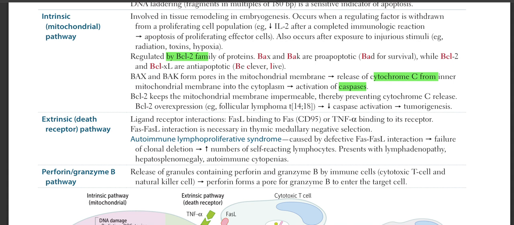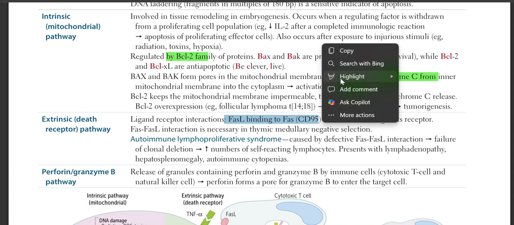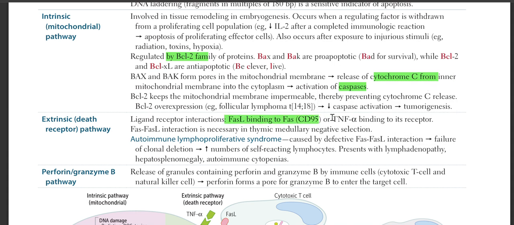There are two different receptors here. The first one is the Fas, and you need to remember that the Fas and Fas ligand can cause apoptosis, and the second one is the TNF alpha receptor.